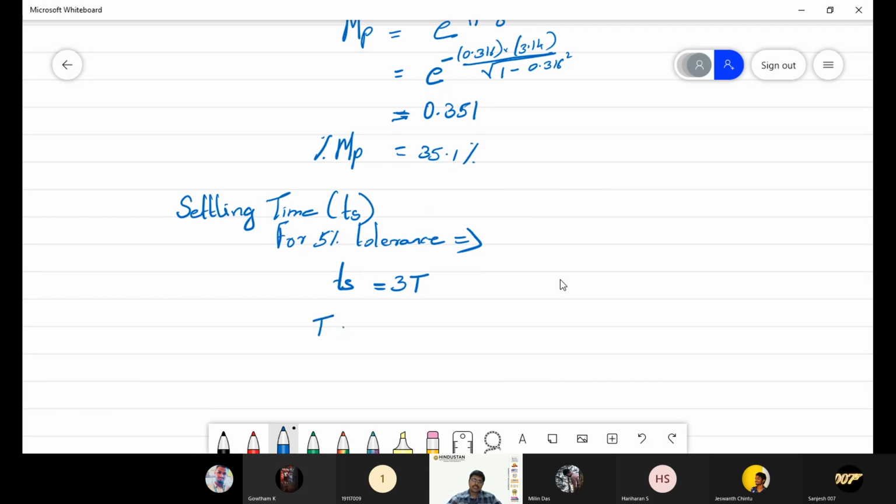The time constant T is given by, I hope we derived that also, T is equal to 1 divided by delta omega n.